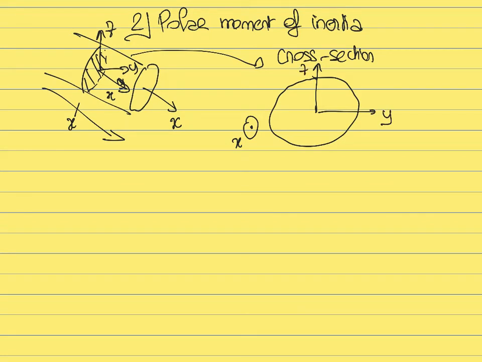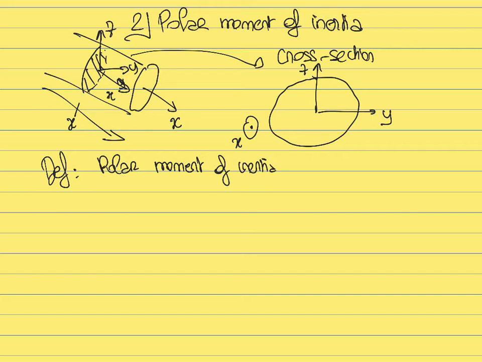So now the definition for the polar moment of inertia is going to be as follows. The polar moment of inertia is going to be the geometrical feature that will control, for a given shaft, its resistance to a torque.